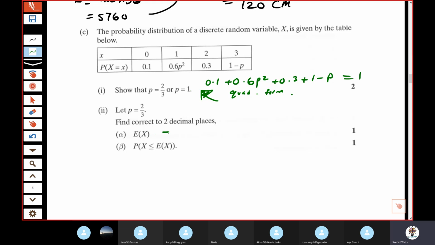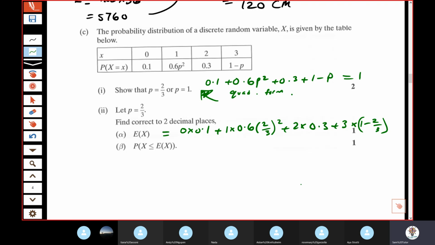the expected value of X. Remember, expected value of X is 0 times 0.1 plus 1 times 0.6 P squared, where P is 2/3, sorry, 0.6 P squared, yes, plus 2 times 0.3 plus 3 times 1 minus 2/3, which is 1/3, of course.